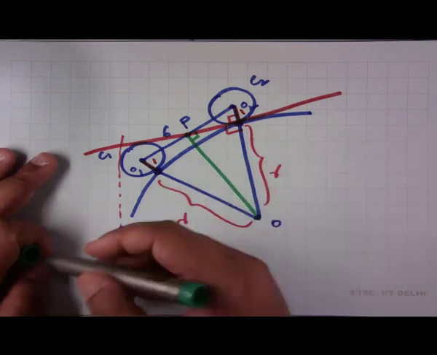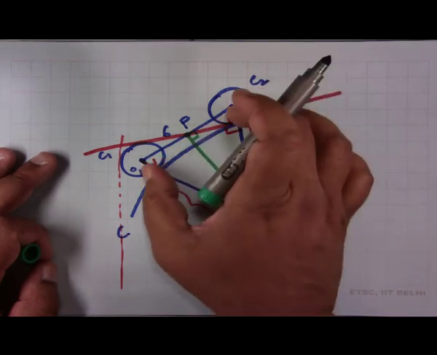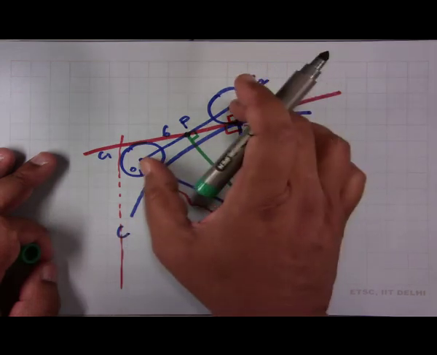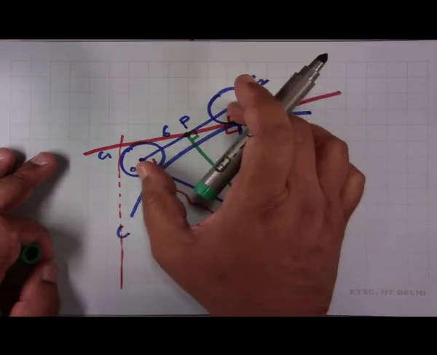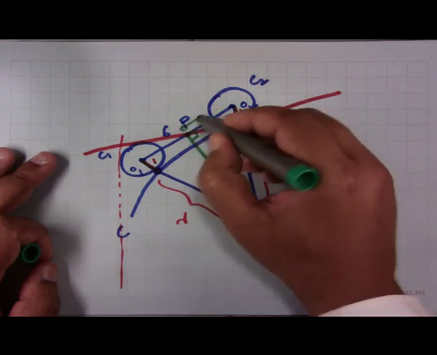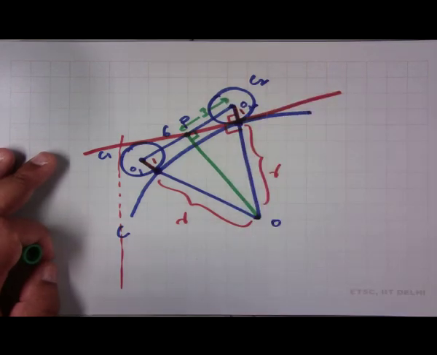Now, we know that since P is the midpoint of O1 O2 and the length of O1 O2 is 6 units, it is clear that O2P is equal to 3 units.